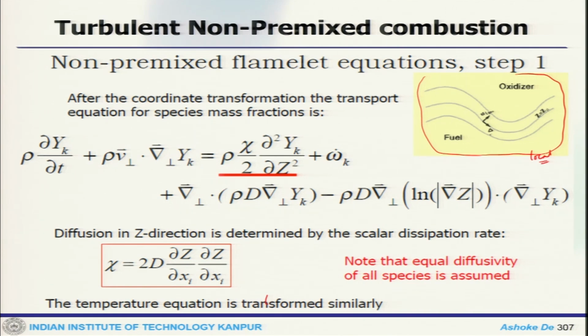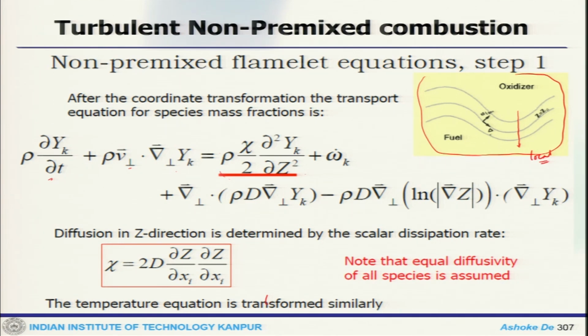Now we transform the species mass fraction equation. So the unsteady term will be there, then this is the velocity in that local coordinate system, delta in the local coordinate system. There will be a term which is there, the diffusion of the species in Z with respect to Z. That means along this how this is actually varying.